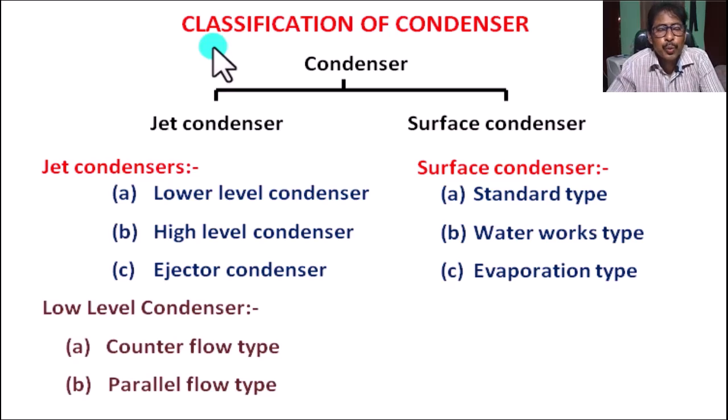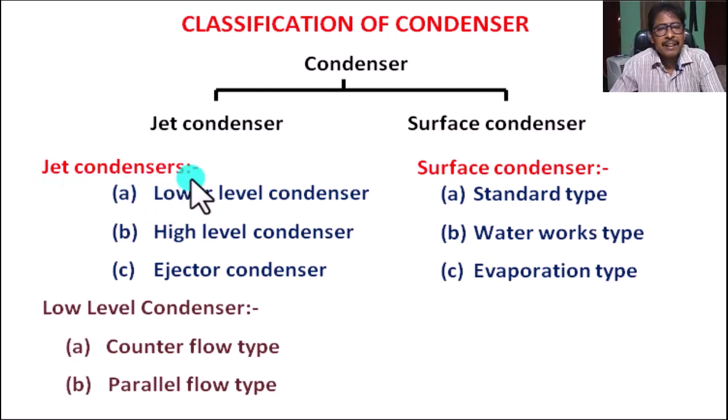Students, today we are learning the classification of steam condensers, the types of steam condenser. Condensers are mainly divided into two types: jet condenser, that means mixing type condenser, and surface condenser, that means non-mixing type condenser.